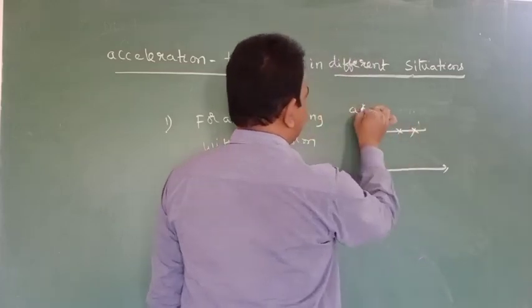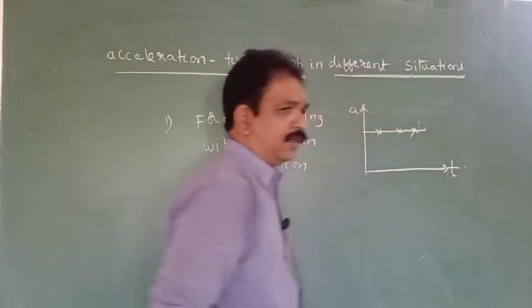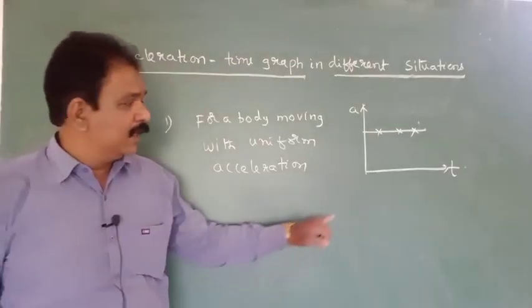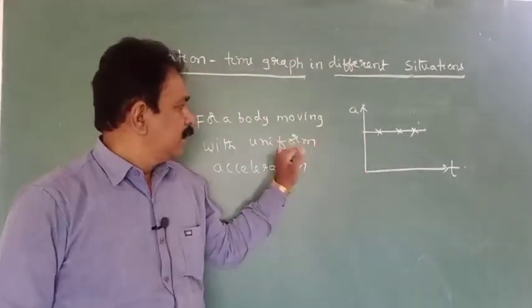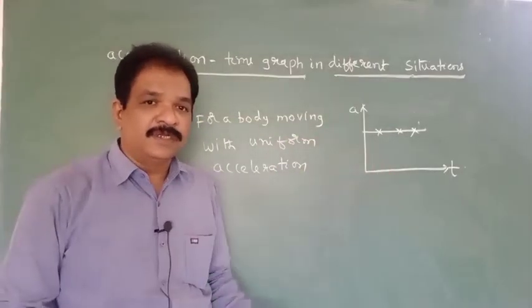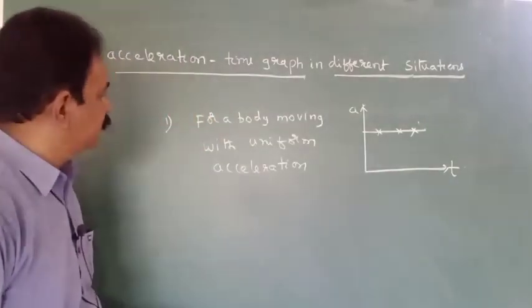Here we take acceleration values, here we take the time values. The graph between acceleration and time will be like this.